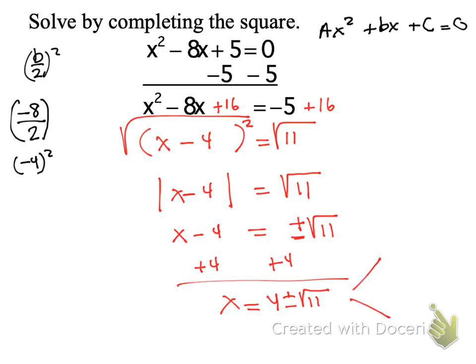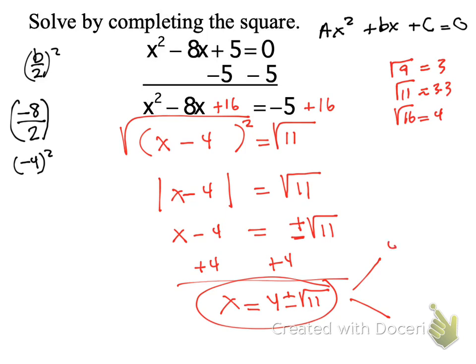This is a perfectly good answer if it's not a word problem. If it's a word problem, you're likely to have to estimate that. So square root of 11 falls between what? This is 3, this is 4, about 3 point what? 3.3?